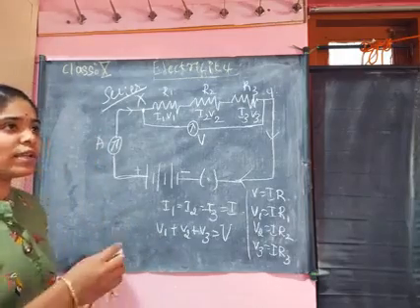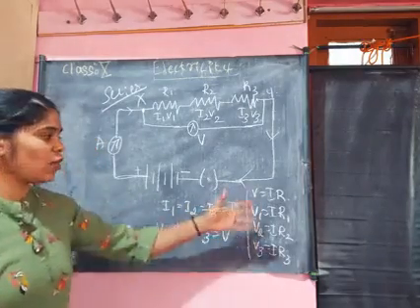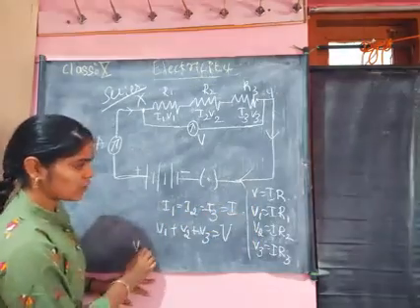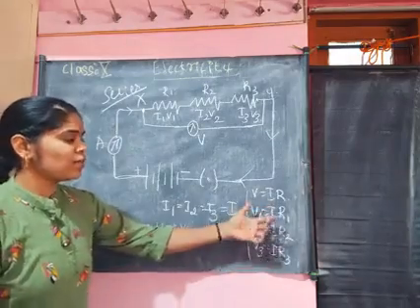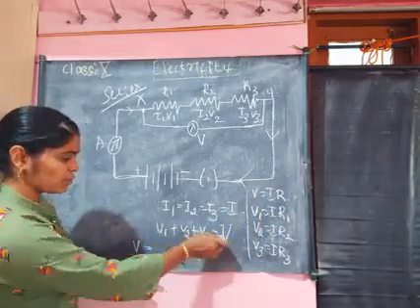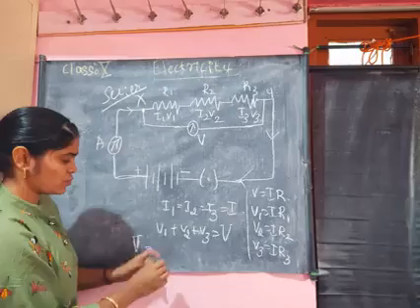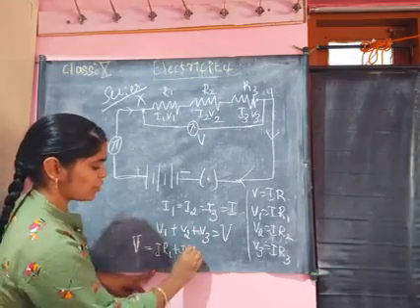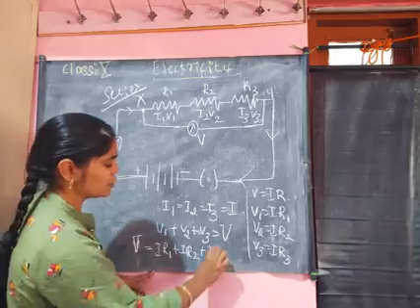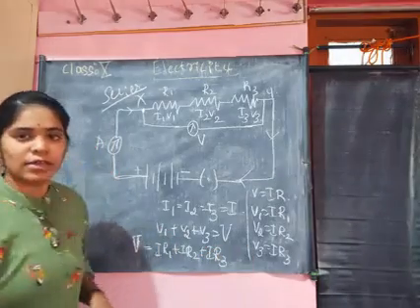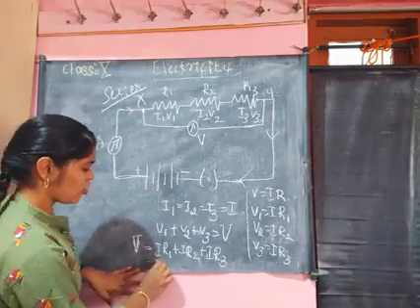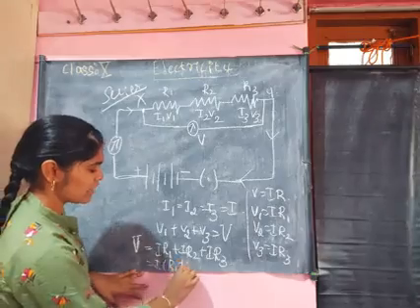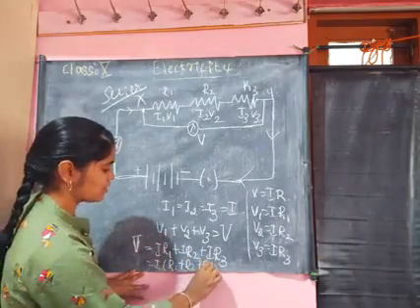We will equate all these equations with Ohm's law, that is, we add these equations. V equals I into R1 plus I into R2 plus I into R3. When we take I common, we get I times R1 plus R2 plus R3.